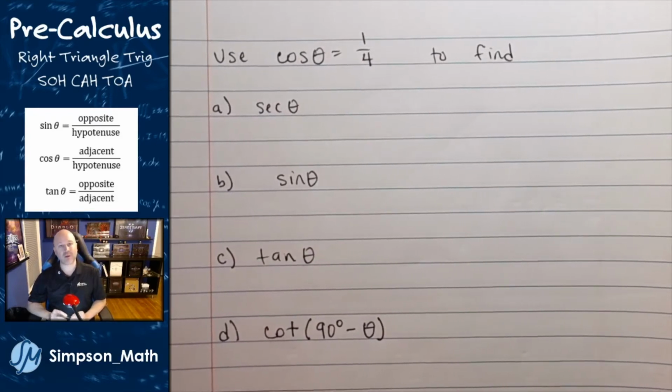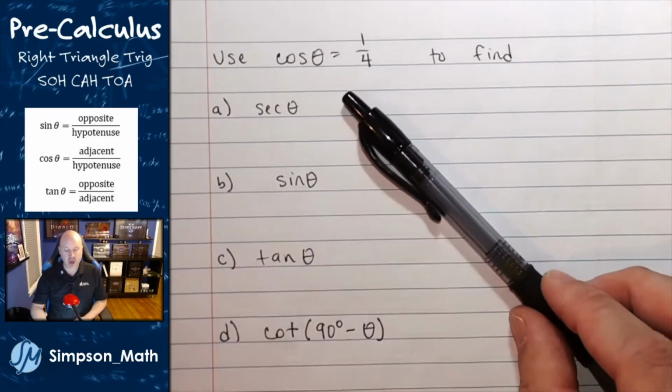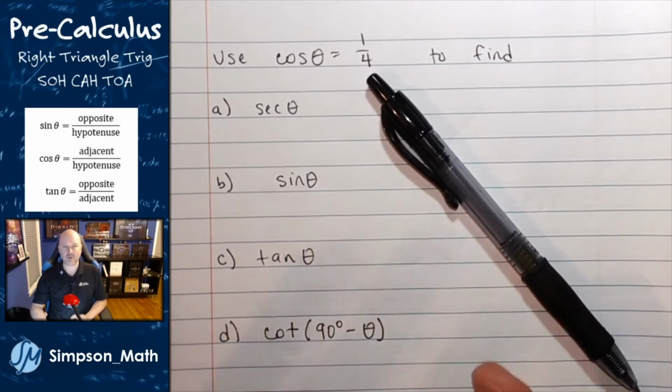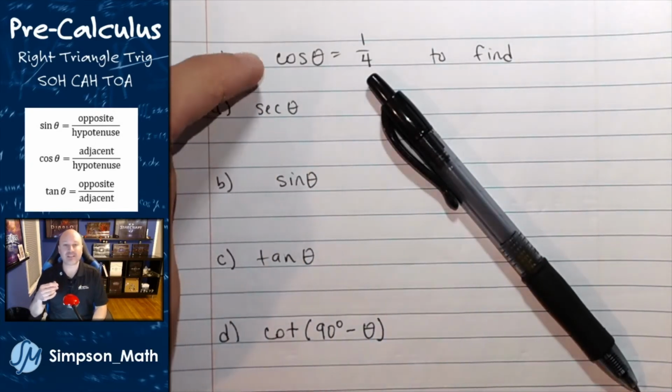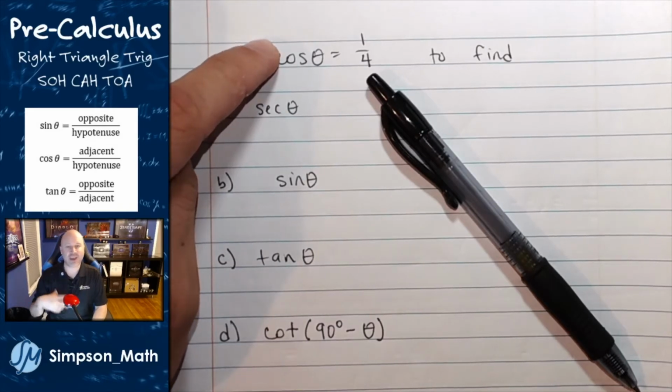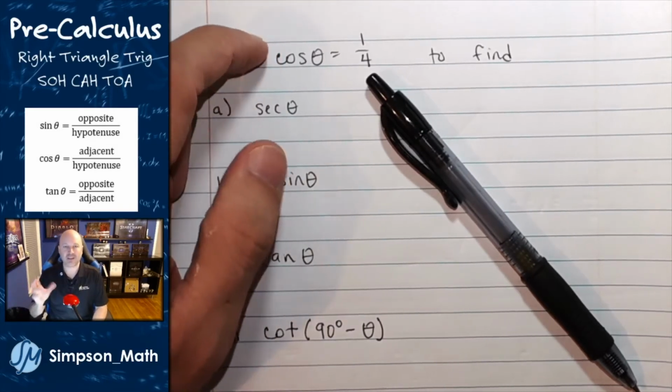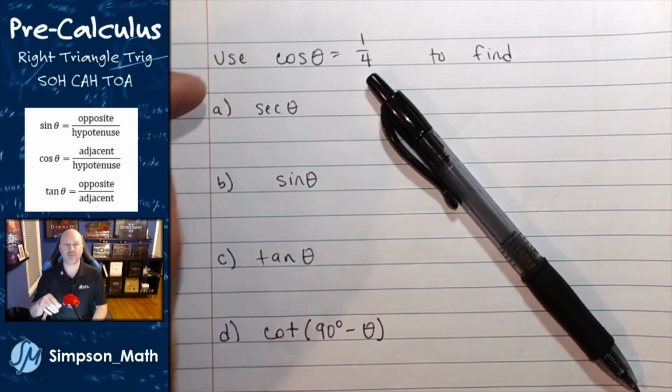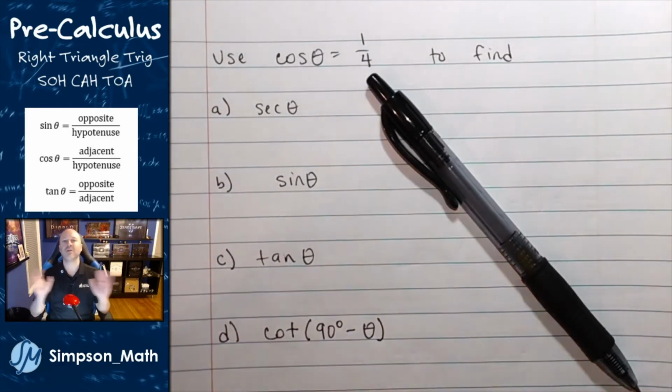Me, when I first see this problem, I am only given a cosine value. I'm not being restricted into other quadrants. If they did not say cosine is 1/4 and sine is negative, that's not worrisome to me. So this is just that SOHCAHTOA, super relaxed.